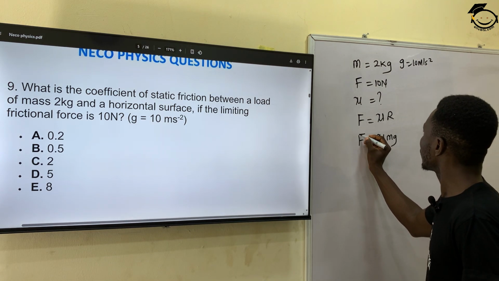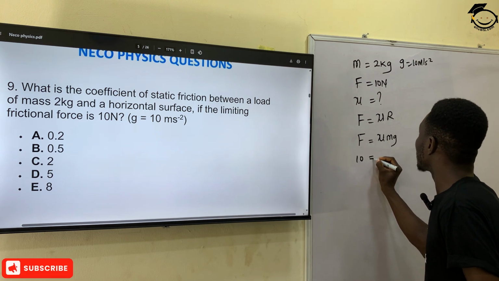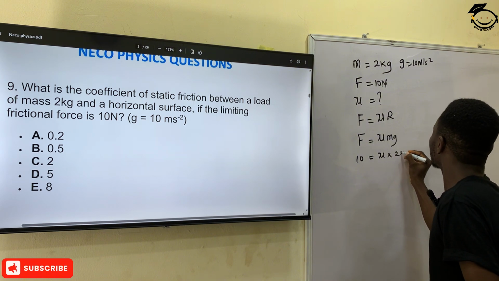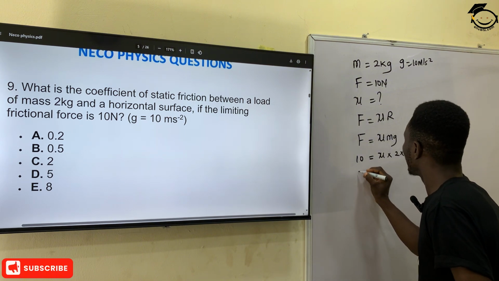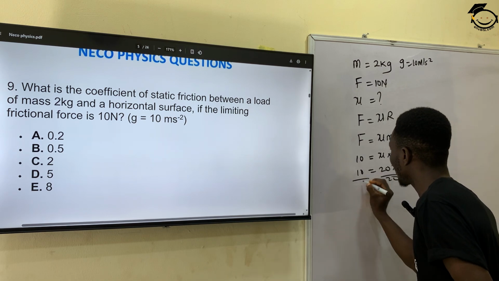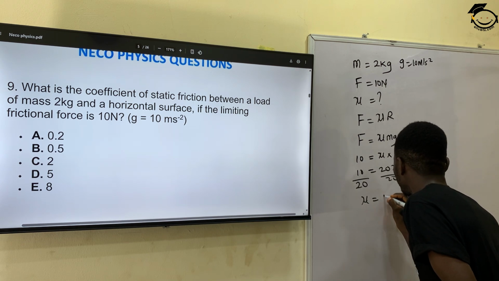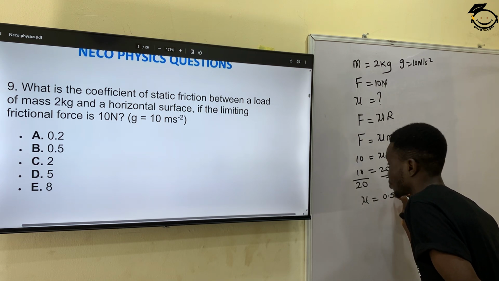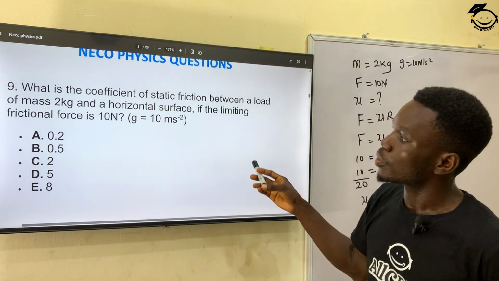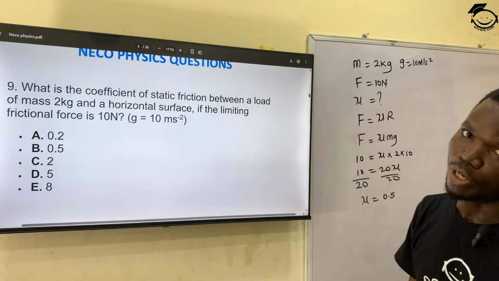So if you input our values, I have 10 is equal to mu times 2 times 10. This means that 10 is equal to 20 mu, divide both sides by 20. This means that your coefficient of friction is 0.5. So if you look at our options here, the correct answer to this question is B, which is 0.5.